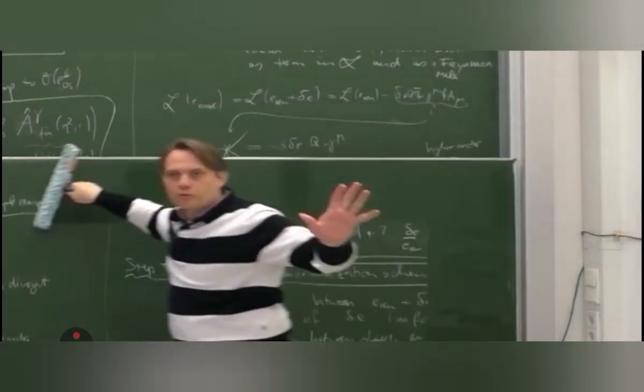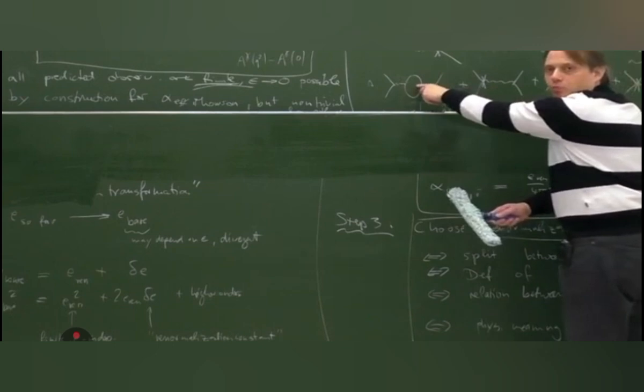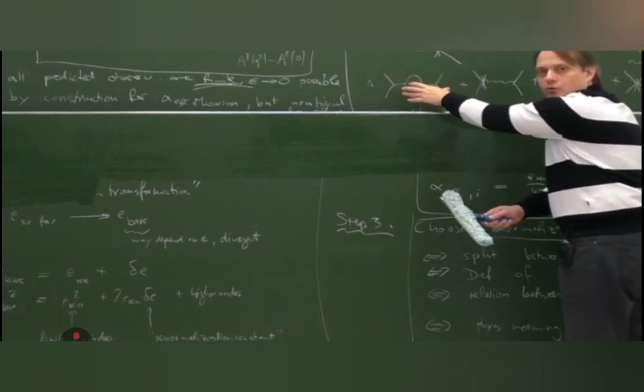Do you have questions? Yes? That corresponds to one loop. One loop brings in 2 additional powers of the charge, and therefore the one-loop diagrams that we consider are of order e squared in the charge.